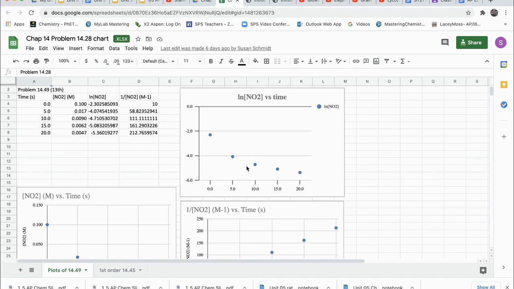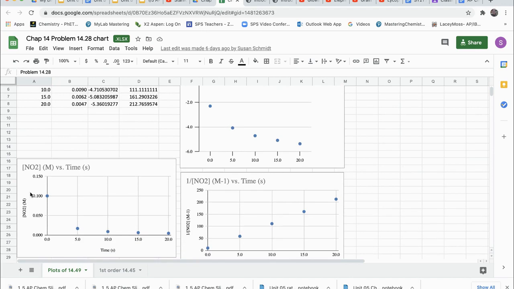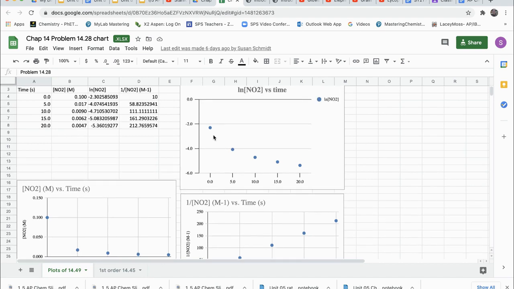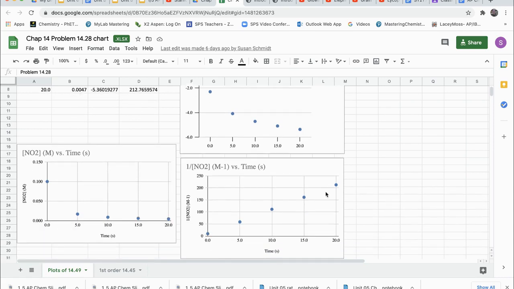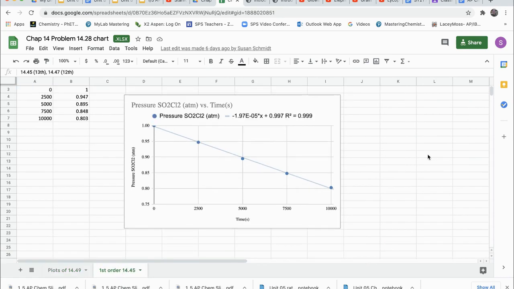If we plot these out, we can see that concentration versus time is not a straight line. The natural log of the concentration versus time is not a straight line, but 1 over the concentration is a straight line.